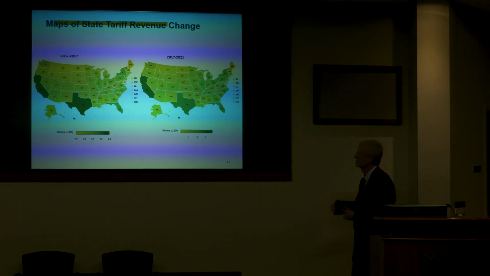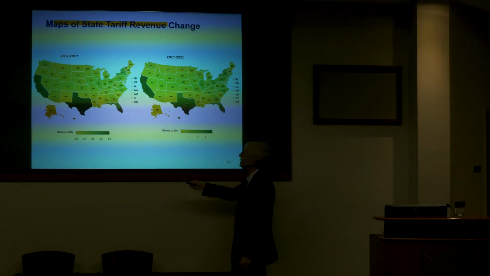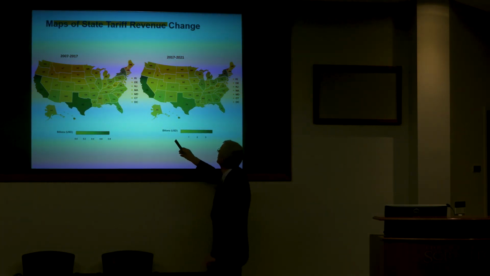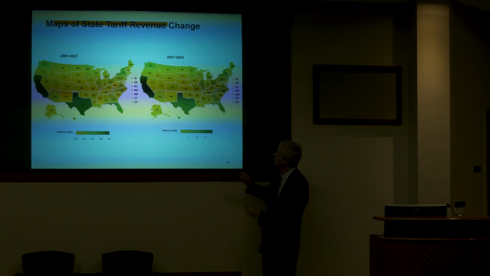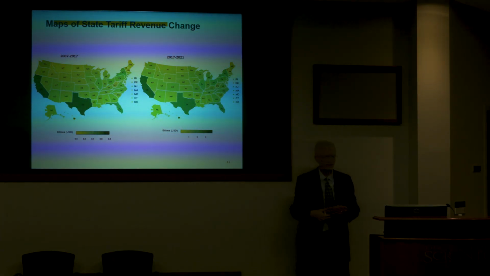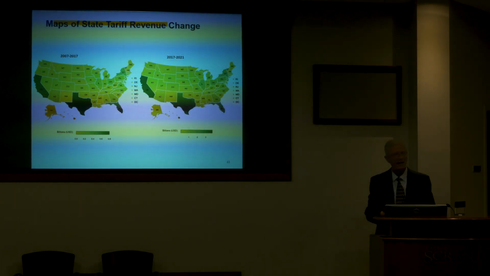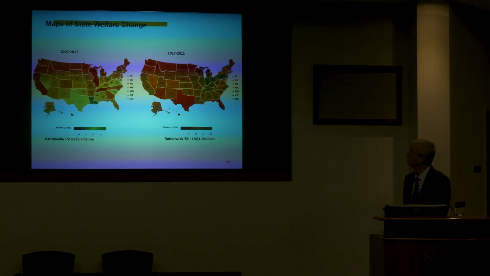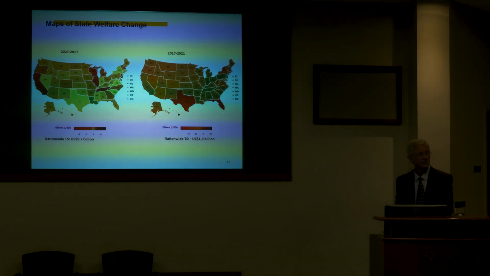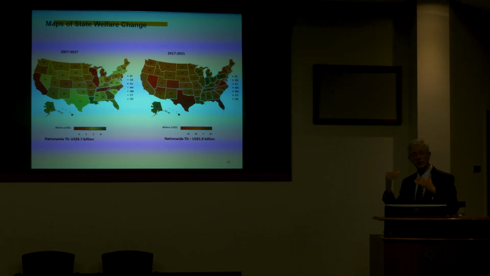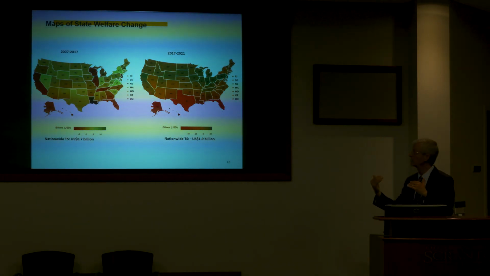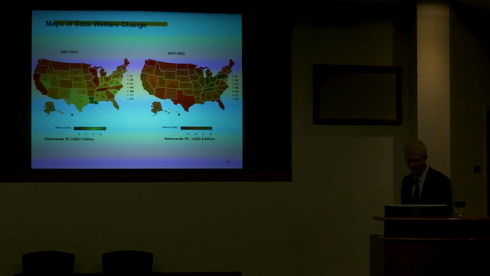So I'm just giving the states the revenue, the extra revenue over these 10 years and then over these 4 years. So the difference in colors just reflects the different size of the states. And then we can put it all together. So this adds up change in consumer surplus, change in producer surplus, change in tariff revenue on a per capita basis.